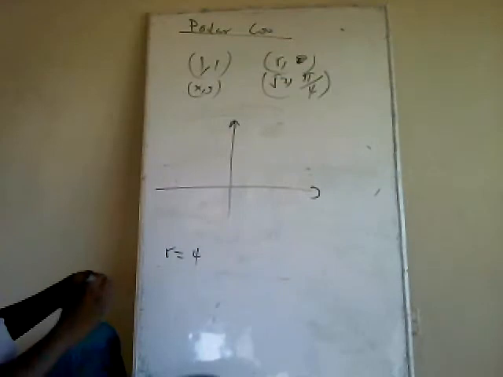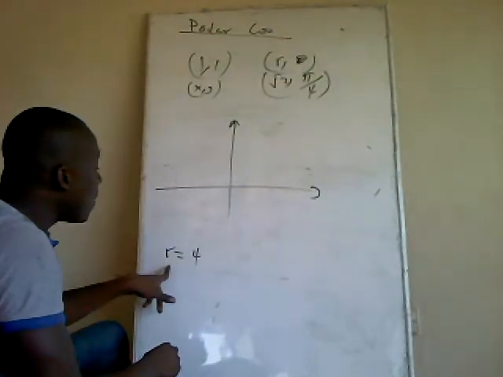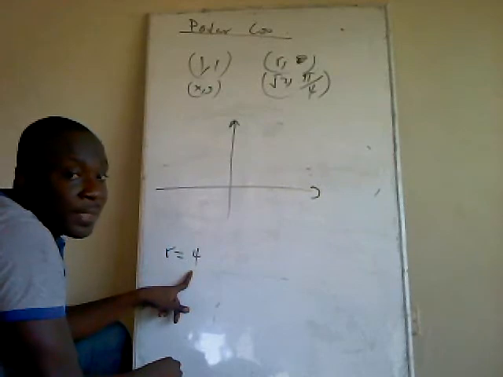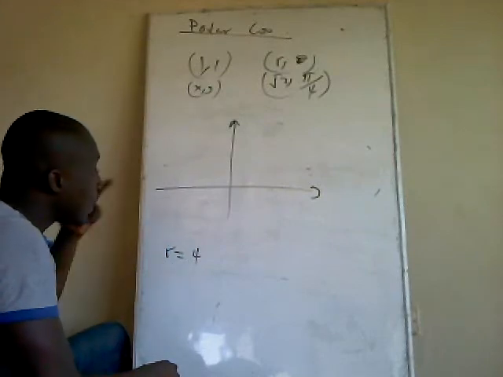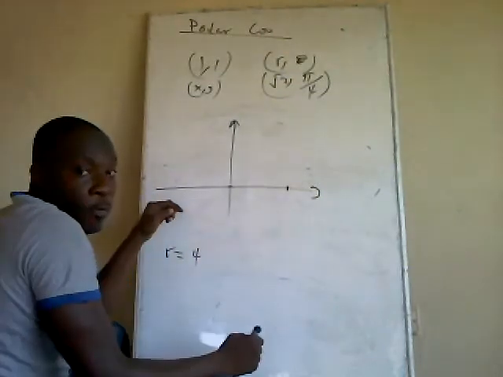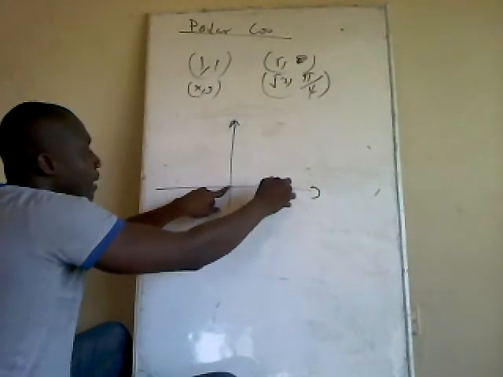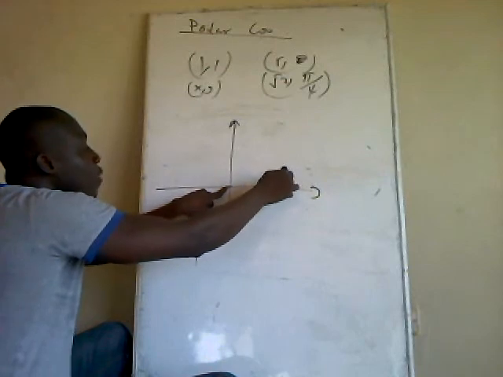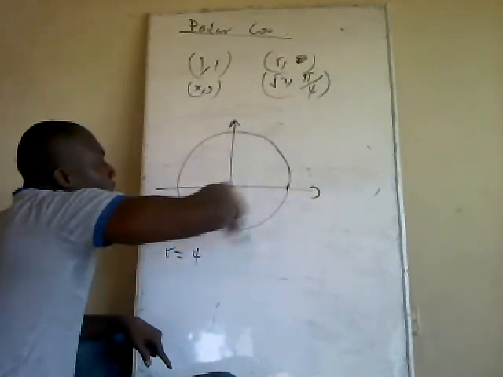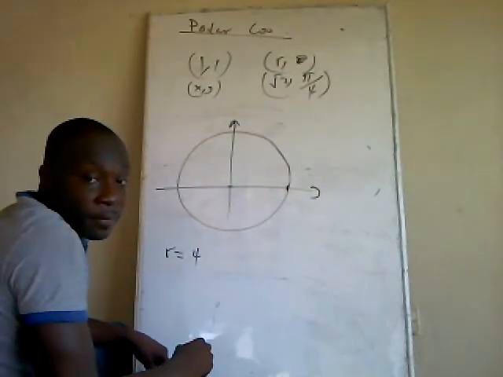Now r is equal to 4. Remember, we've not been given theta. It's only r is equal to 4. It means that theta can take any value, right? So if I measure my distance 4 from the origin, then because theta can take any value, I can move round, and this becomes a circle.